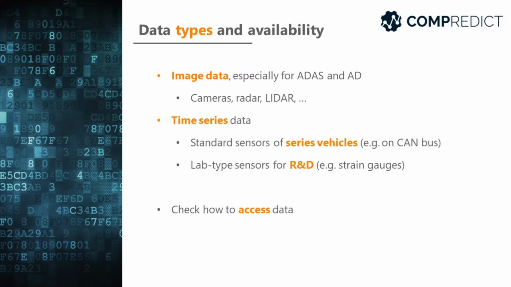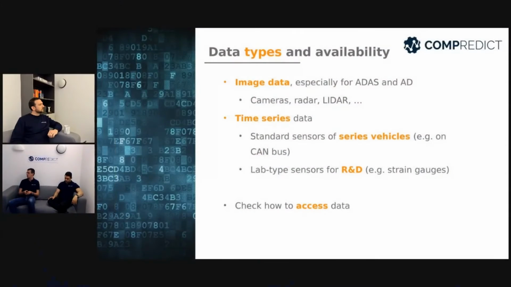And this is typically a kind of data we can use. But additionally, in research and development topics for cars, you can add some lab sensors, for example, strain gauges. And these are very dedicated sensors to access some key features used by engineers for designing purposes, mostly. And this is typically the data we are interested in for data science projects in R&D in the automotive domain.